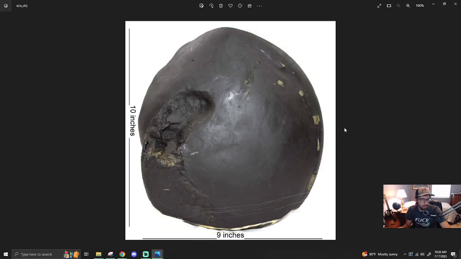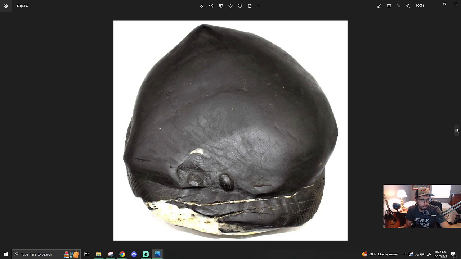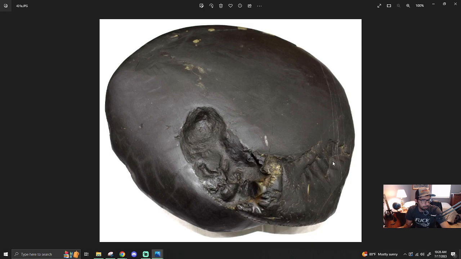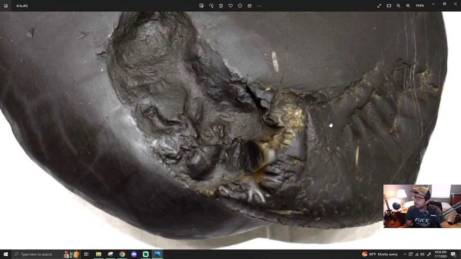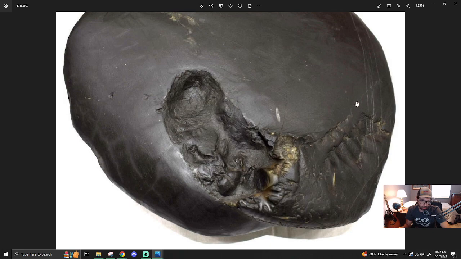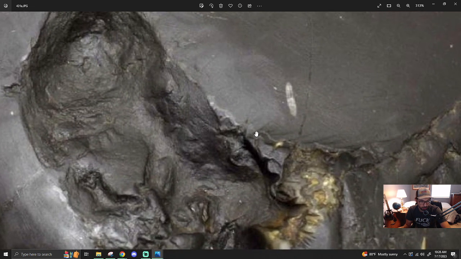Let's see. And yet these fractures go cleanly through all of the layers. This goes arbitrarily across, and yet this has teeth back here, as well as something going on there.